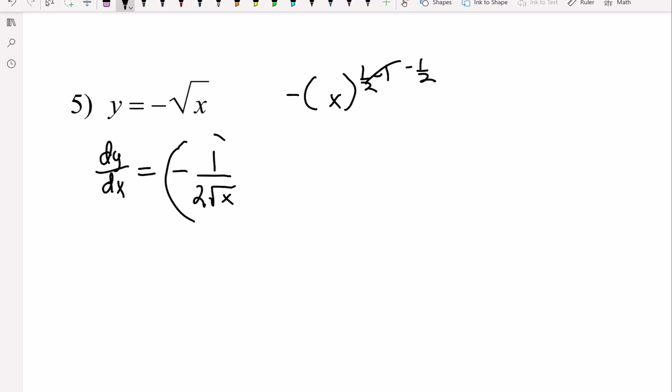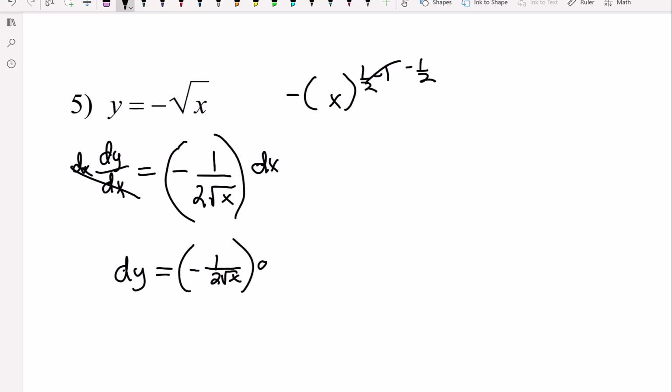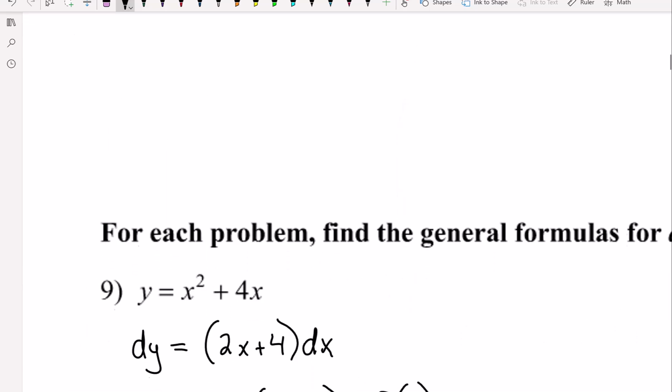And then we're going to do this, and then multiply both sides. And I think on your note sheet, I left off this step right here. I think I left it just dx over on the left side, and so I apologize for that. I left that off.